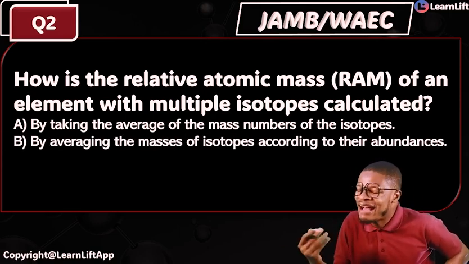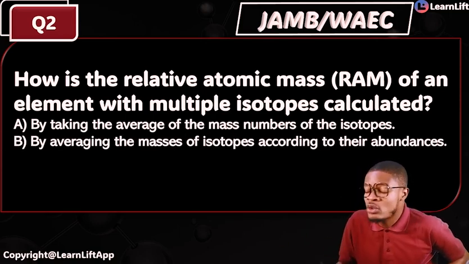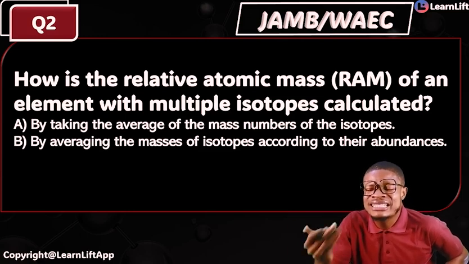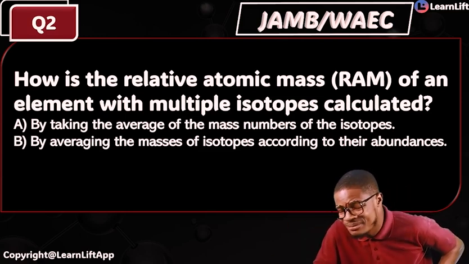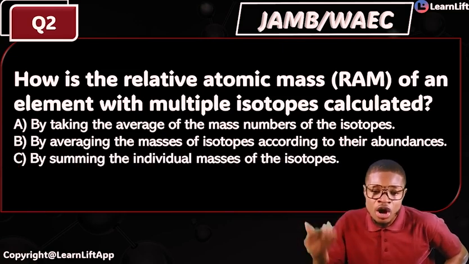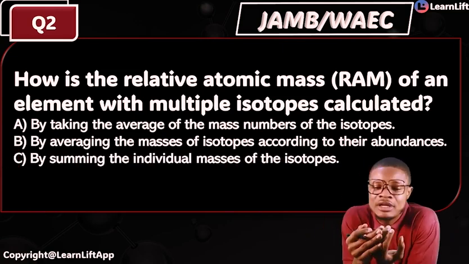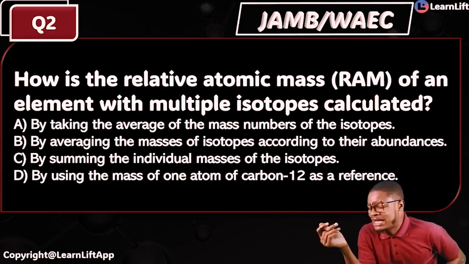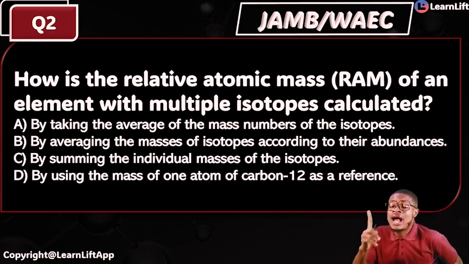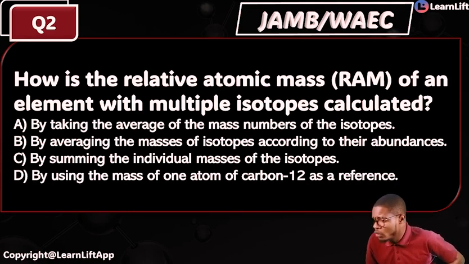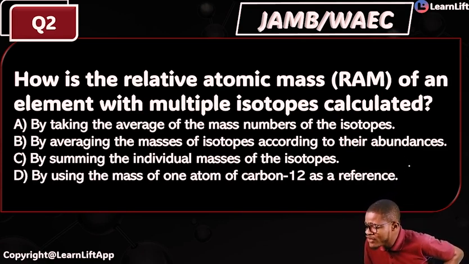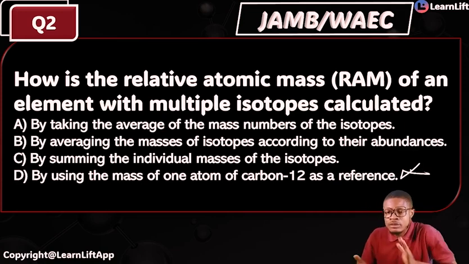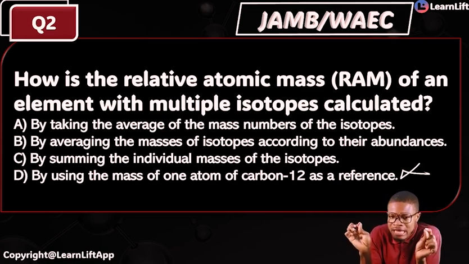Option B says by averaging the masses of the isotopes according to their abundances, meaning you put the abundance into consideration. Option C says by summing the average masses of the isotopes. And then option D went ahead to say by using the mass of one atom of carbon-12 as a reference.